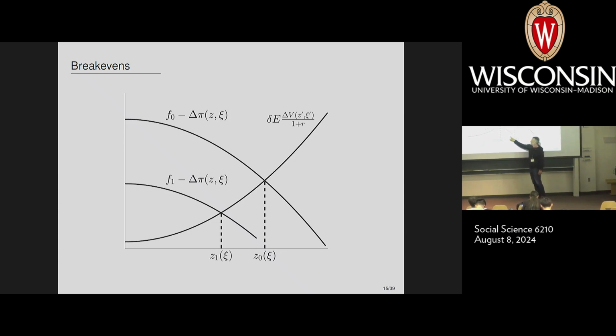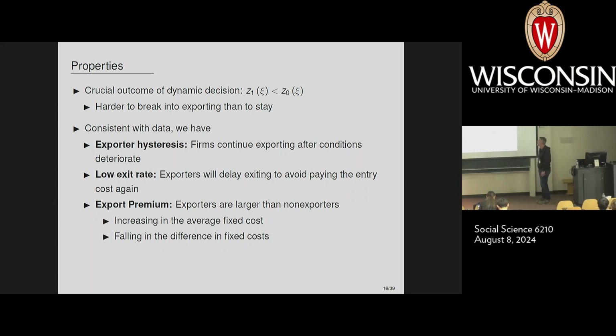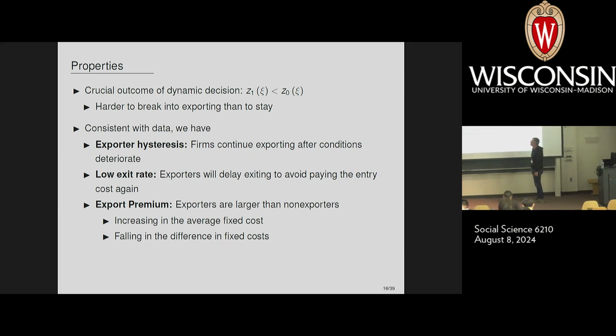I don't exit until my Z falls all the way below here. And that drives what people talk about as hysteresis, that what's happened in the past determines what happens today. So it's harder to break into an export market than it is to stay in an export market. That was export hysteresis we talked about. This is going to delay exit.